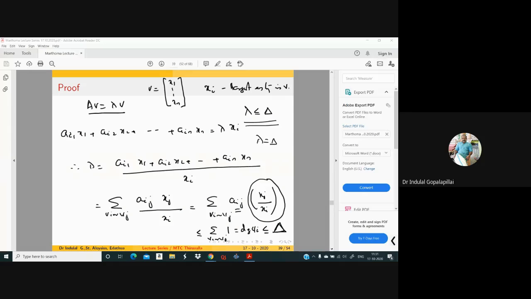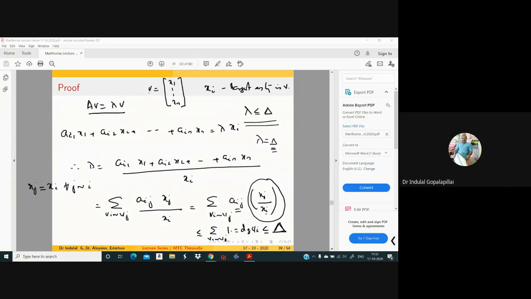So that is a characterization of a graph whose eigenvalue coincides with delta. If the graph has its largest degree as an eigenvalue, then the graph is necessarily regular. This immediately follows, because equality happens if and only if xj by xi is equal to 1 for all j, meaning xj equals xi for all j adjacent to i.